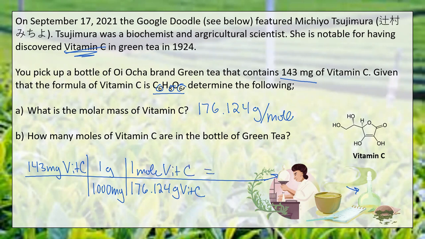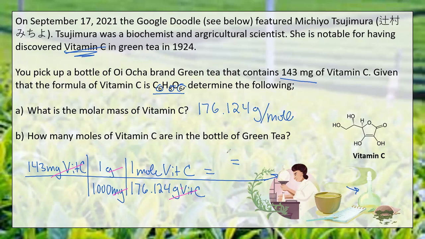So we can go through and cross out. You don't have to go from front to end. You can go this way, say grams, grams, milligrams, milligrams, and then multiply everything on the top, multiply everything on the bottom, divide what's on the top by what's on the bottom.